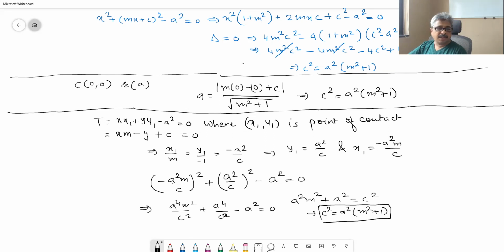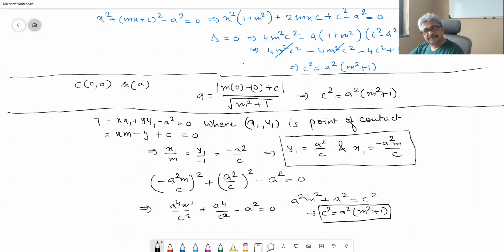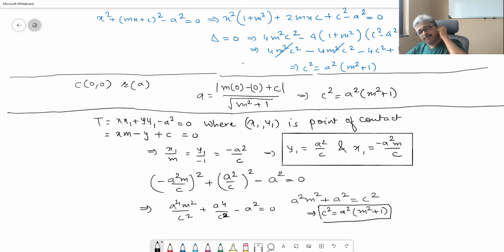So in the method number 3, where you are comparing coefficients, you get point of contact first. Okay, now I have explained you 3 cases, 3 methods, out of which one will work only for circle.